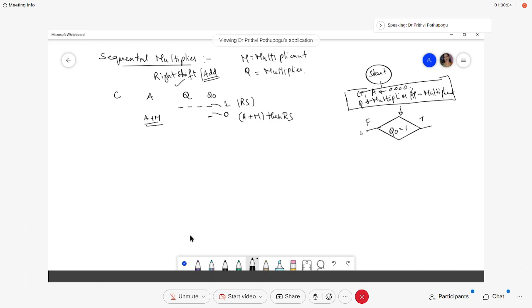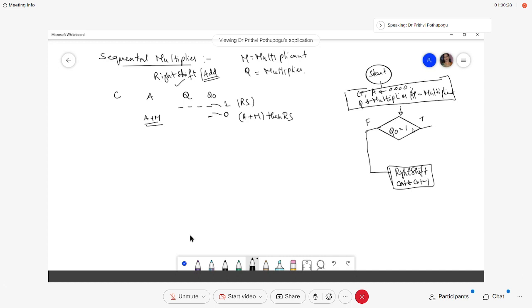If it is 0, directly do the right shift, and doing so, you do the count decrement. And if Q0 is 1, it is true, then you take the multiplicand, add it to the accumulator, then do the right shift.